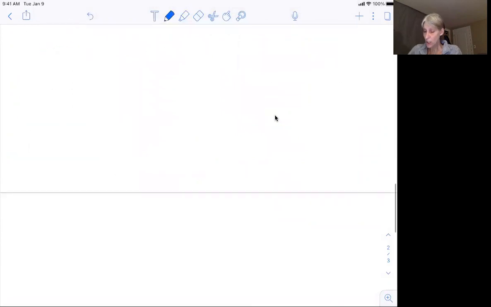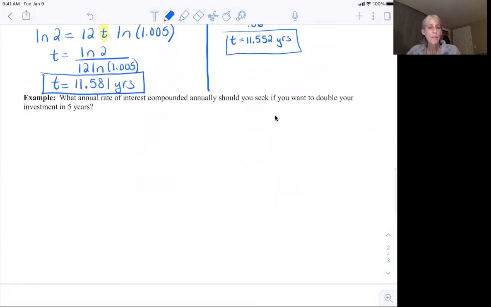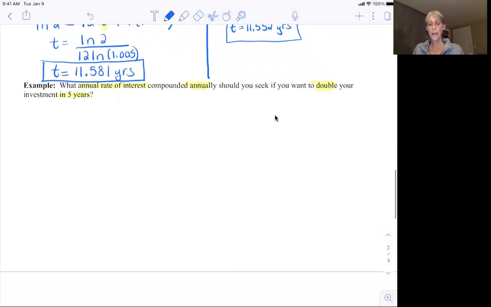So our final question today, what annual rate of interest compounded annually should you seek if you want to double your investment in 5 years? Okay. So we're compounding annually, so we're using compound interest. Now I'm going to substitute in the information that you know.